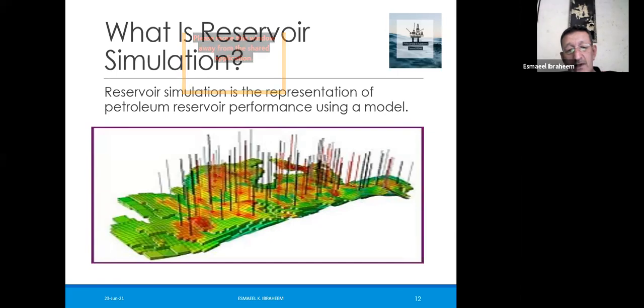So the reduction in concentration goes from red, to yellow, to green. Then on the base, you will see the blue colors, which means the water area of the reservoir.